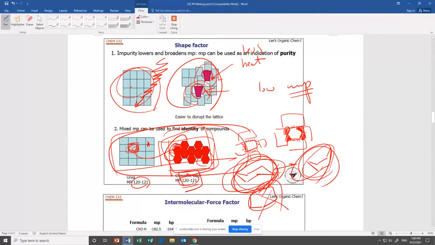You're going to talk a lot about steric strains and 1,3-diaxial interaction energy and all kinds of energies associated with a different shape. But also this lattice energy, that affects melting point, solubility, and everything.